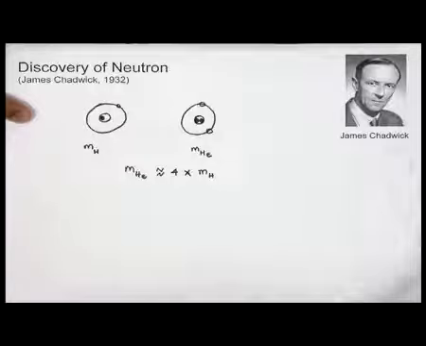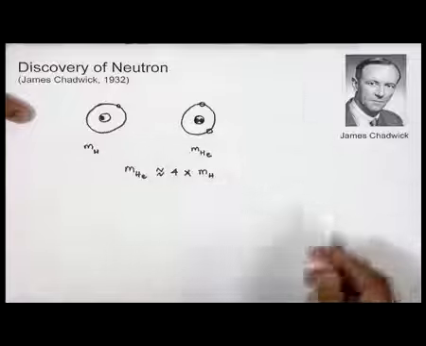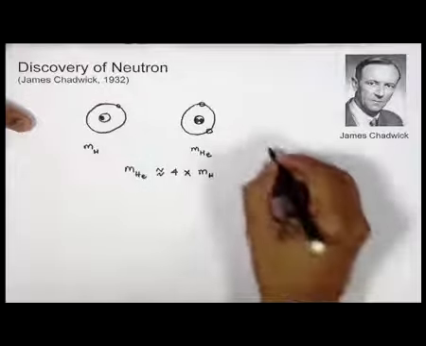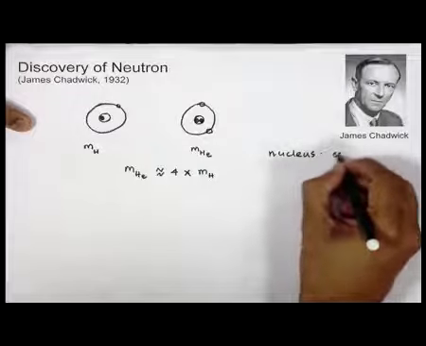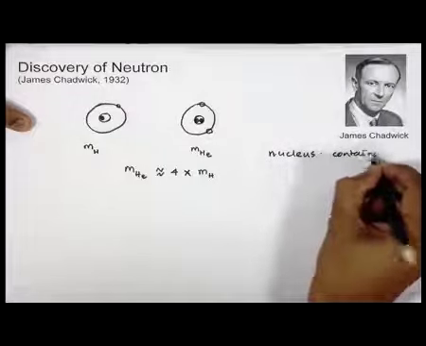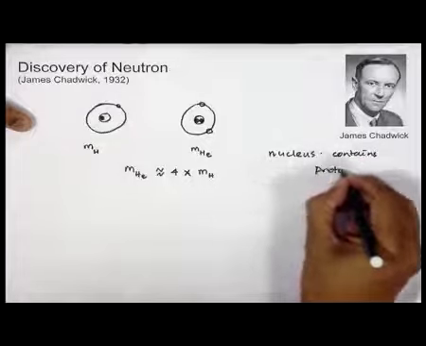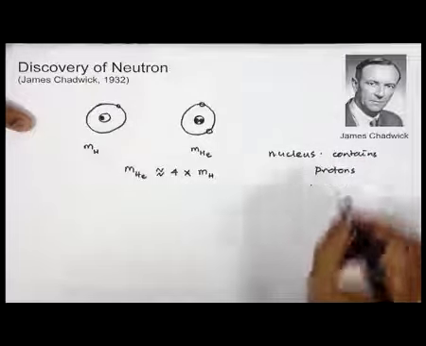It was in 1932 that James Chadwick did a series of experiments and discovered that the nucleus, of course, contains protons, as we have discussed earlier, which are charged particles.